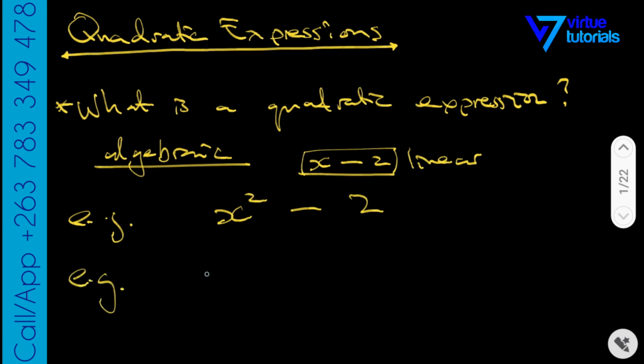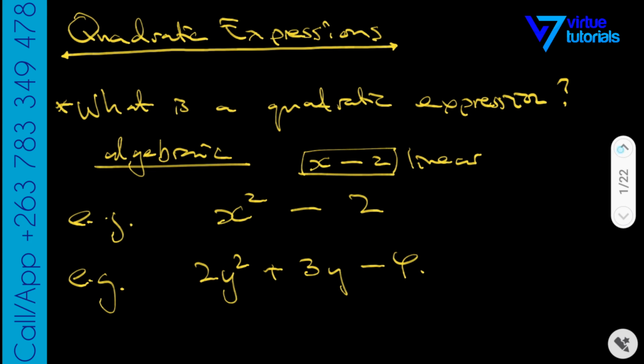You can even have something like 2y squared plus 3y minus 4. If there's a squared here, it's a quadratic expression. So quadratic expressions are expressions where there is a power 2 and it is the highest power on these variables or on the letters there.